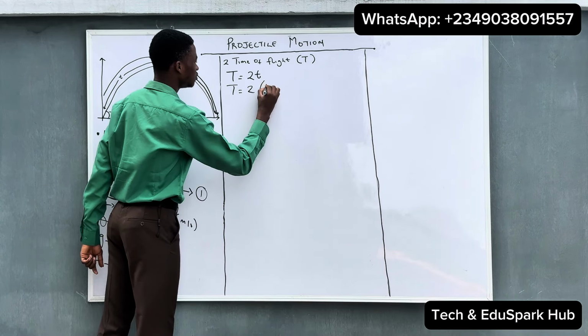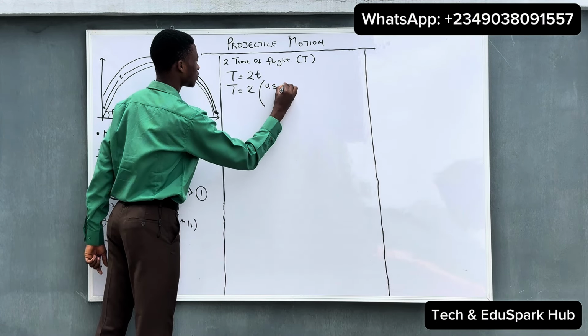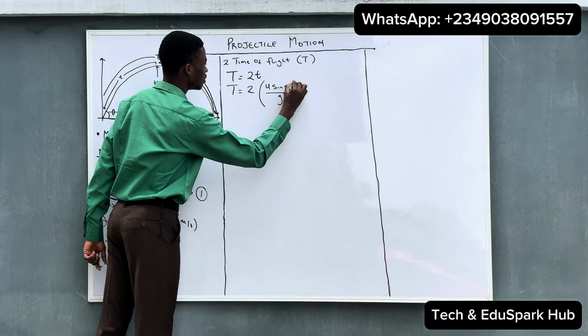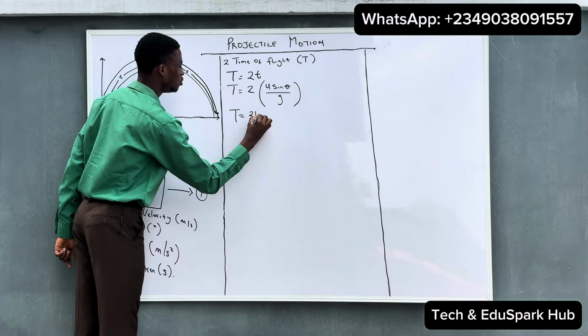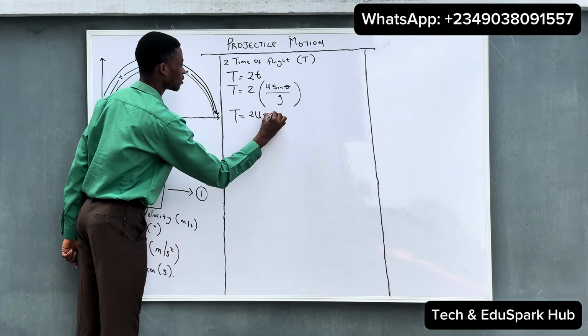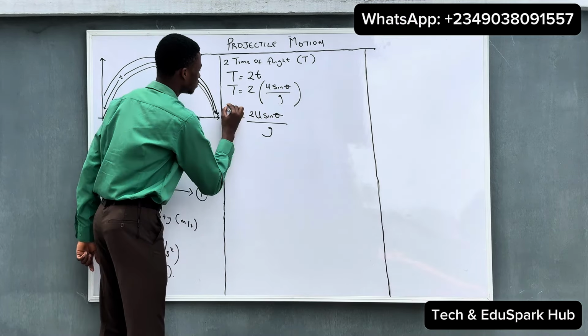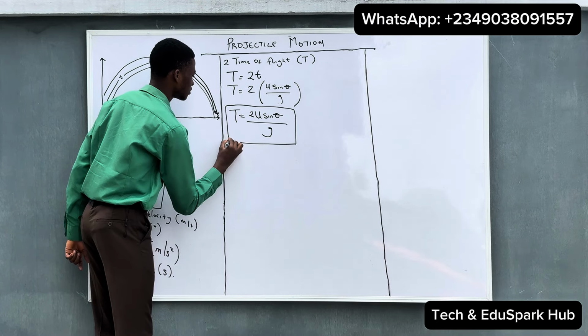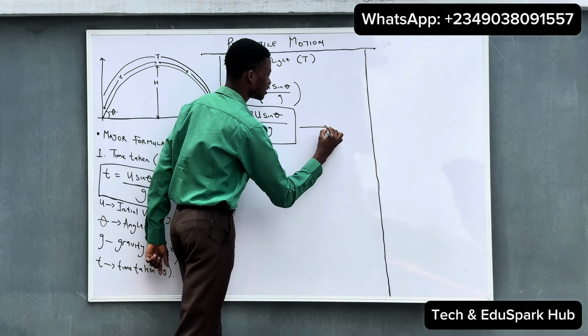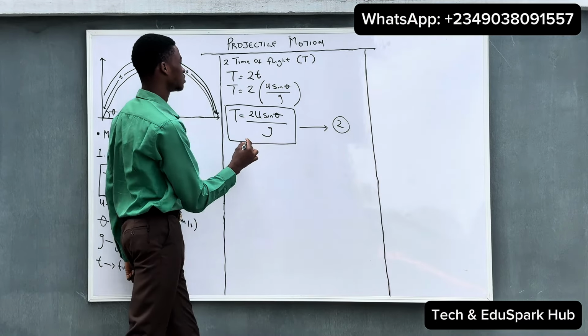So we can put this as u sin theta over g. So when you solve this, you have our big T equal to 2u sin theta over g. So this is the formula for our big T, which is the time of flight.